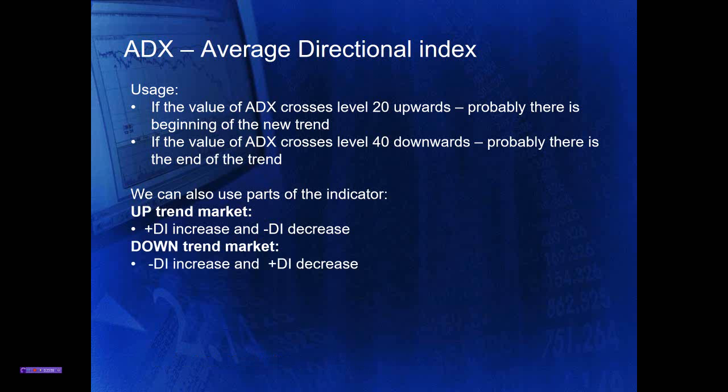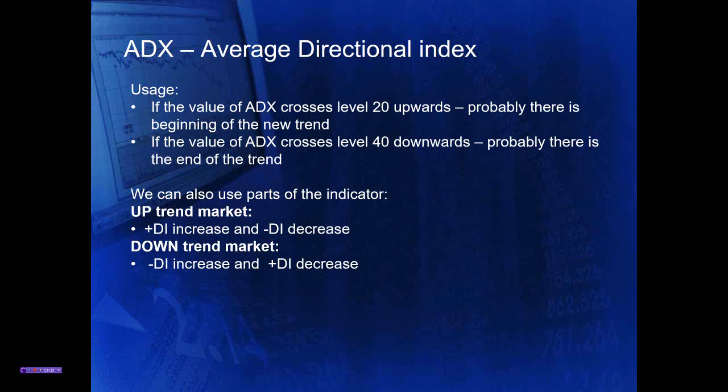Now carefully, a downtrend is again when the minus DI is dominating the plus DI. It means when the minus DI is increasing and the plus DI is decreasing. Here I'll be careful because usually that's where you make mistakes at the exam.